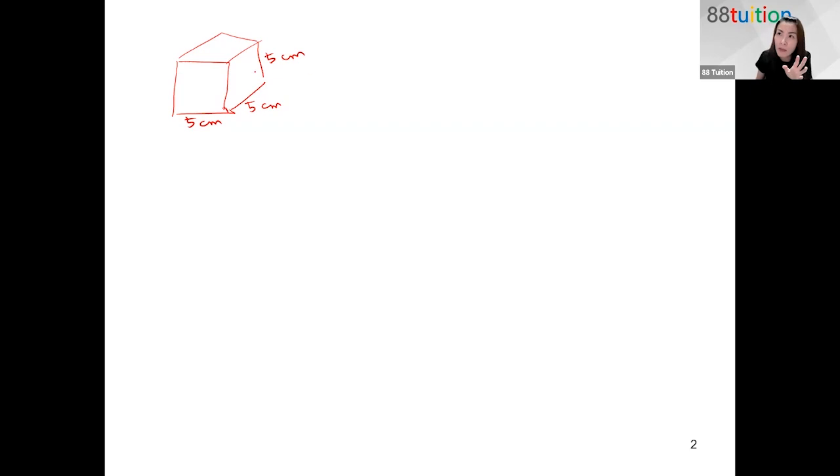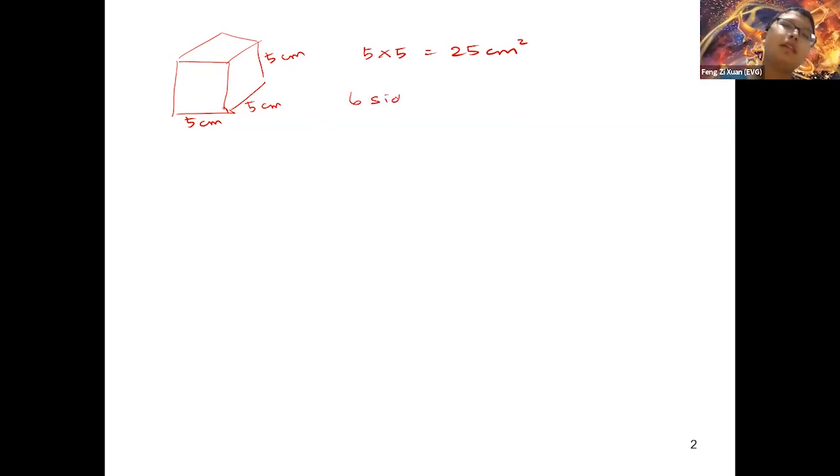What is the surface area of one side? What is the area of one side? 25 cm squared, because it's 5 times 5, right? How many sides are there? 6 sides, because this is a cube.